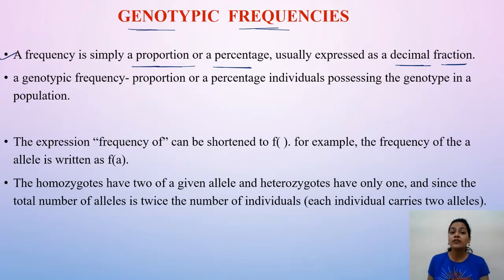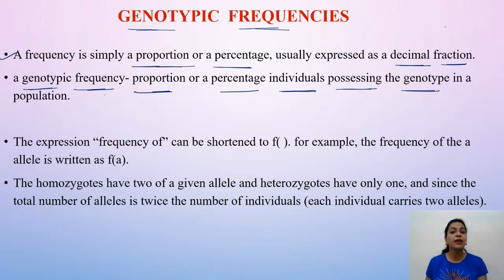Now we will discuss the genotypic frequency. So, what is a genotype? Just now I told you the genotype is the genetic constituent of an organism. So, what is the genotypic frequency? It is the proportion or the percentage of individuals possessing the specific genotype in a whole population. For example, if I'm talking about a genotype capital A, and this is a population, what will be the genotypic frequency of this particular genotype?